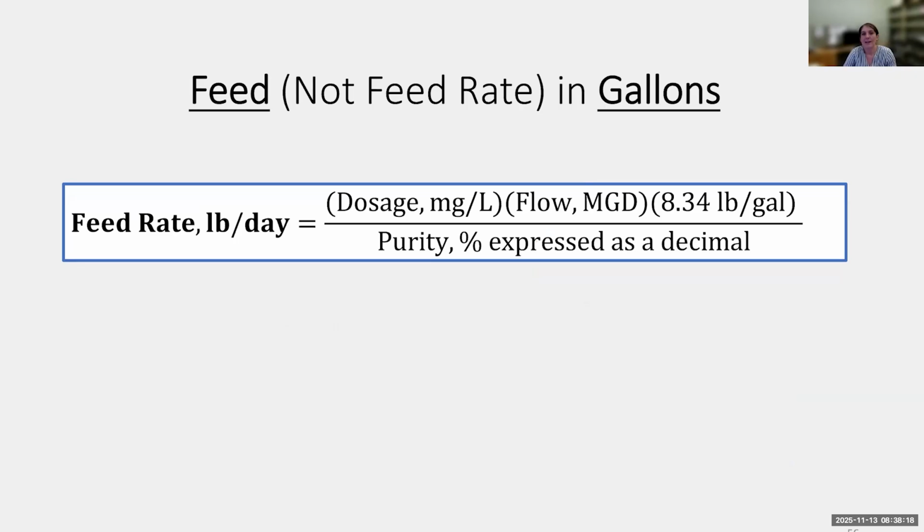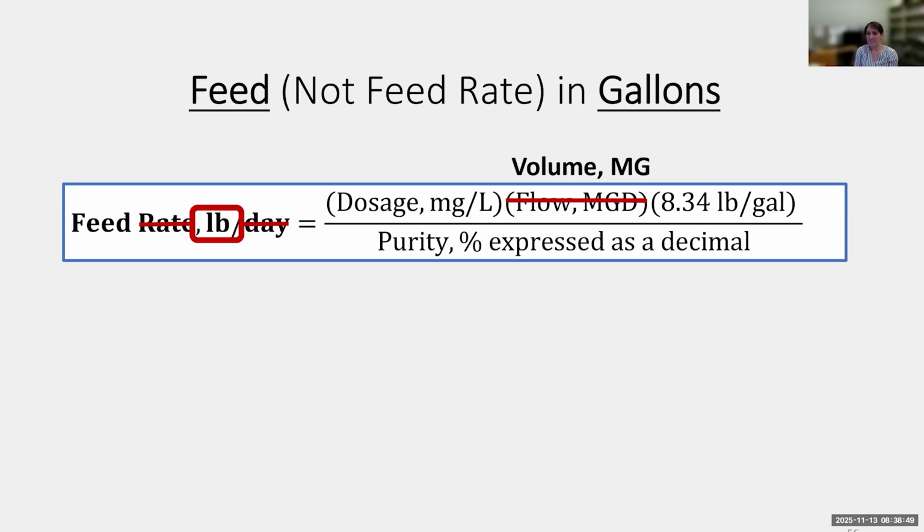Okay, so finally, let's look at how we could get feed in gallons instead of pounds. So again, we want to get rid of that time component. Our answer is in pounds per day, so we want to get rid of the days. We know that the time component comes from flow, so we could get rid of that time component, and flow becomes volume. Now we want to convert the pounds in our answer to gallons.